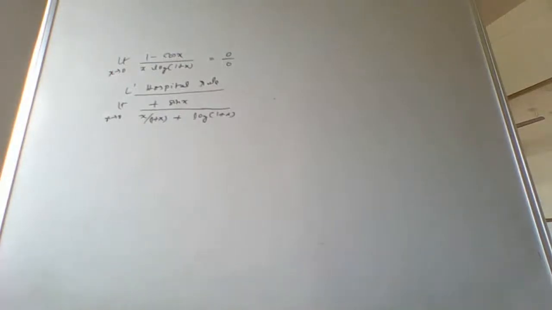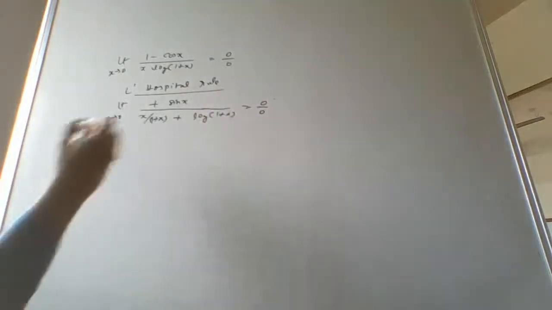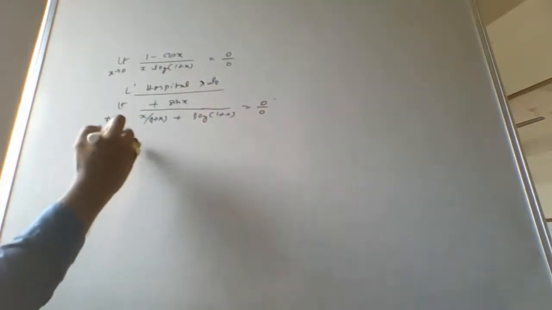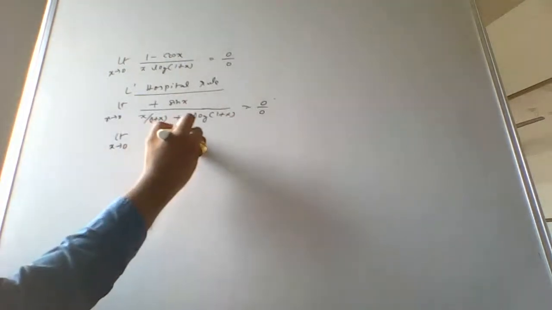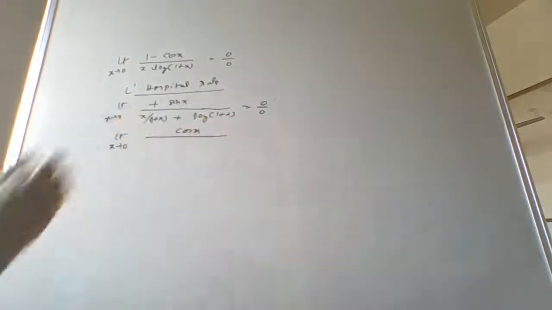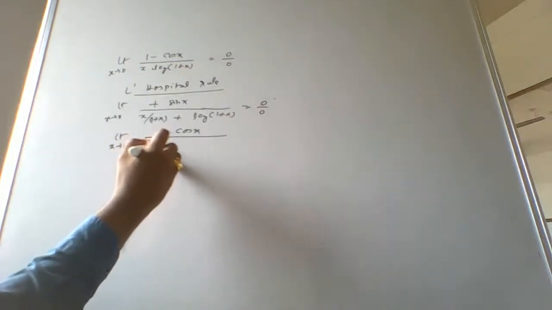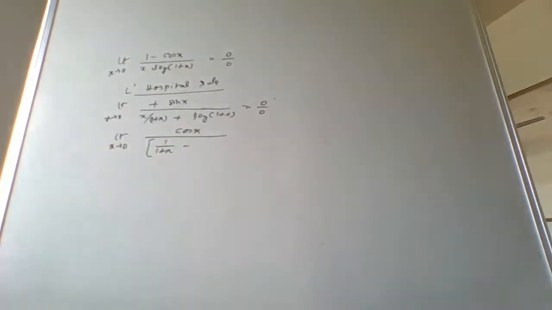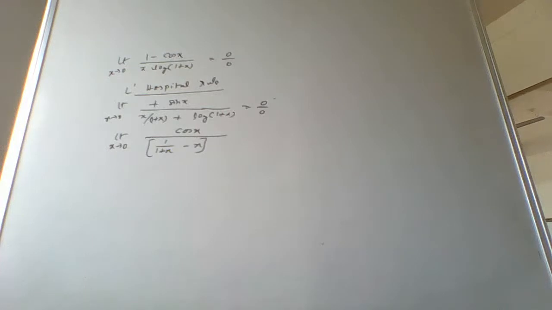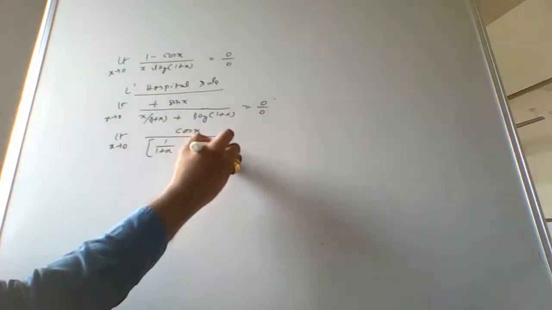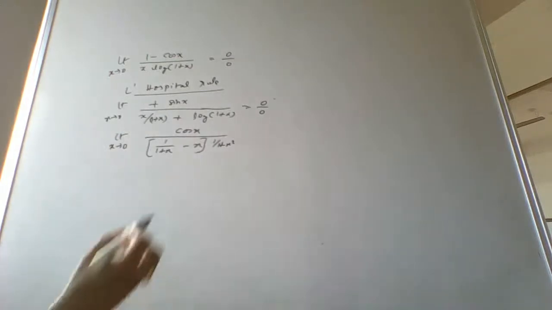Now again, if I substitute x is equal to 0, I get 0 by 0 again. So again, using L'Hopital rule here, limit x tends to 0, differentiating with respect to x. So I get sine becomes cos x here. And if I try to simplify it, I get 1 by 1 plus x, and this is minus of x alone, and I'll get 1 by 1 plus x square on the whole. So that's what I get.